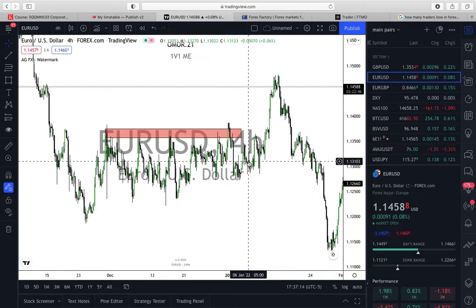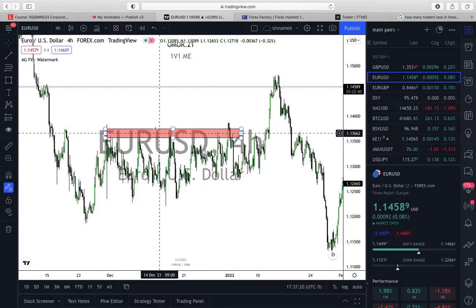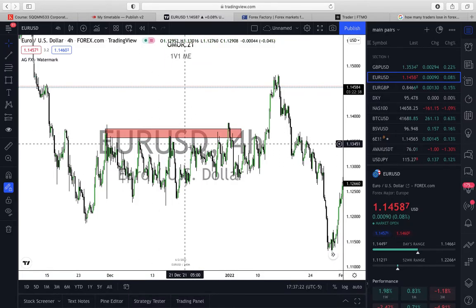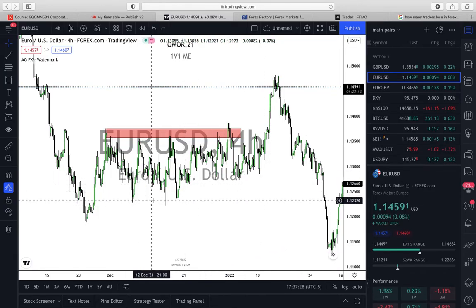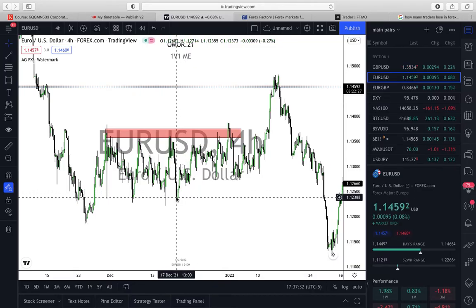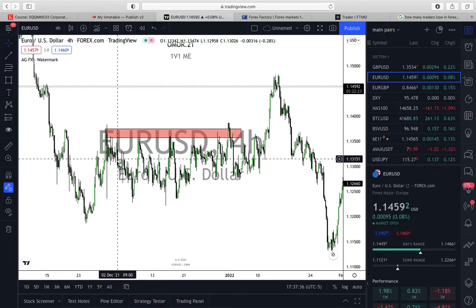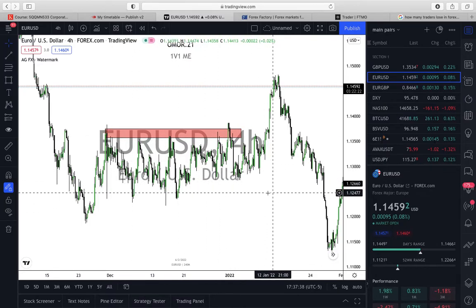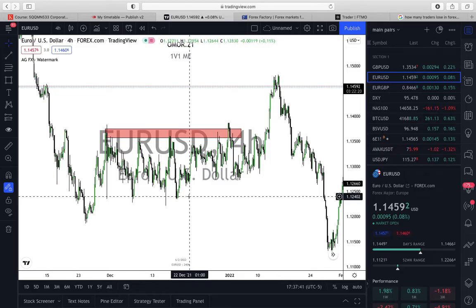Now I'm going to give you a gem, okay? When you see a tight range, this is called a consolidation. You think that this happens by chance? No, it's engineered by the market. We're going to go deep into that another time, don't worry. But these things are printed into the market for a reason.